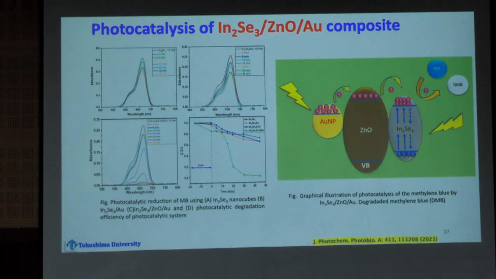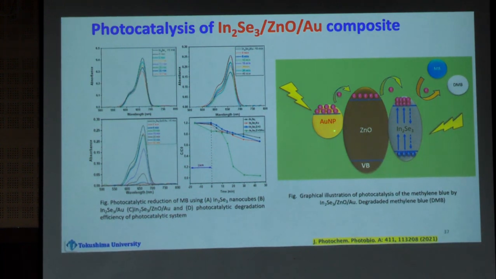So this shows that the combination of semiconductor oxide material, two-dimensional material, and metal nanoparticle can give better performance. What is the role of Ag here?